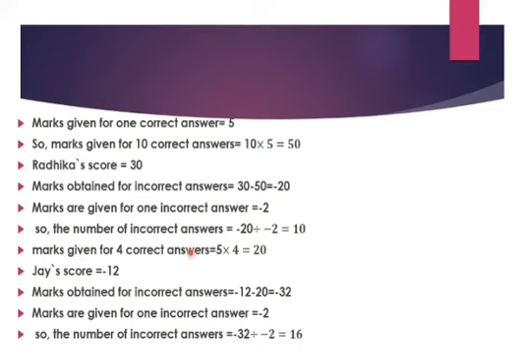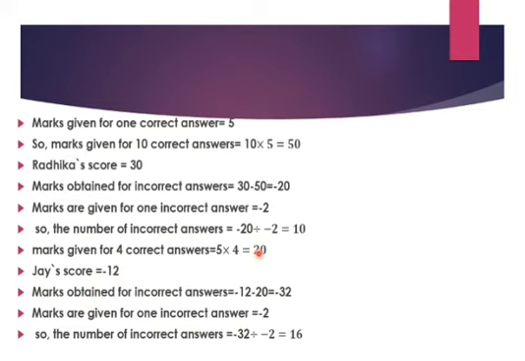And the next one is Jay's score. Marks given for 4 correct answers: Jay's score is 5 into 4 is 20. But Jay's actual score is minus 12. He attempted 4 correct answers, then his score is 20, but the actual score is minus 12. Then what are the marks obtained for incorrect answers?